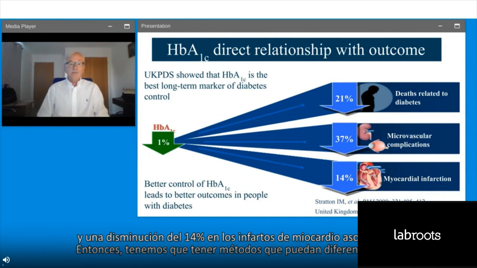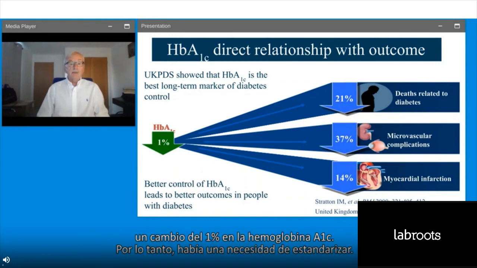So we have to have methods that can well differentiate a 1% change in hemoglobin A1C.